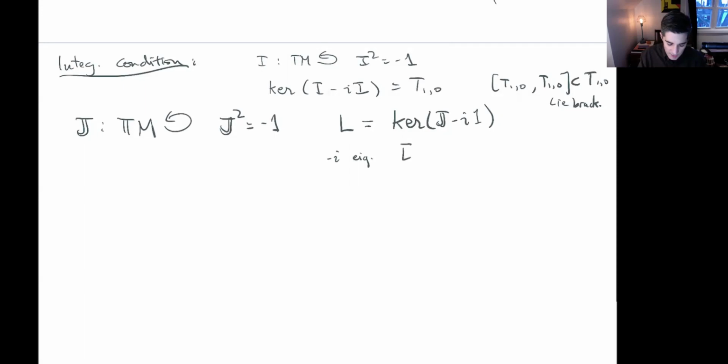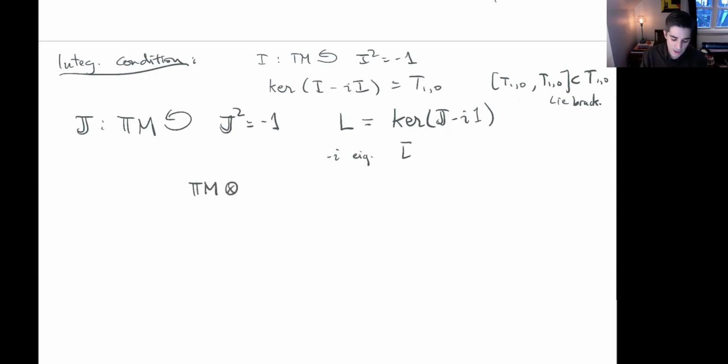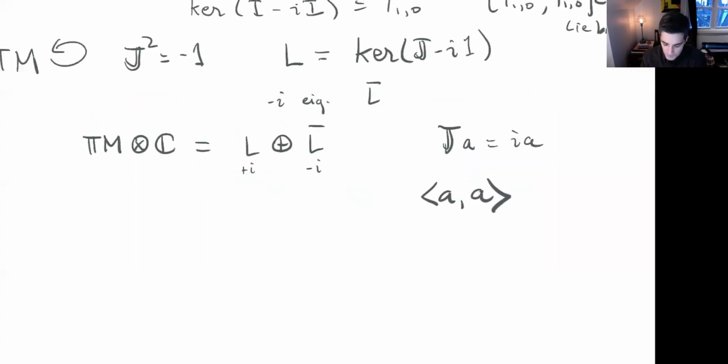What we get is that this generalized tangent bundle, if we complexify it, decomposes as the plus I and the minus I eigenspaces. Furthermore, let's say JA equals iA, so suppose A is an element of the plus I eigenspace. Look at what happens if I take the inner product of A with itself.